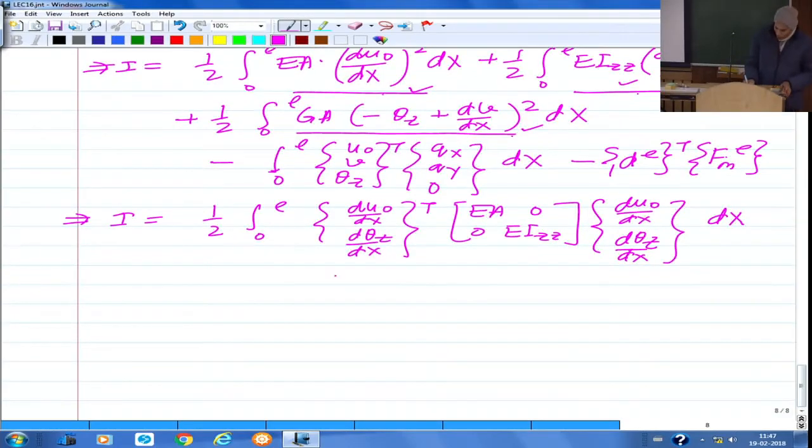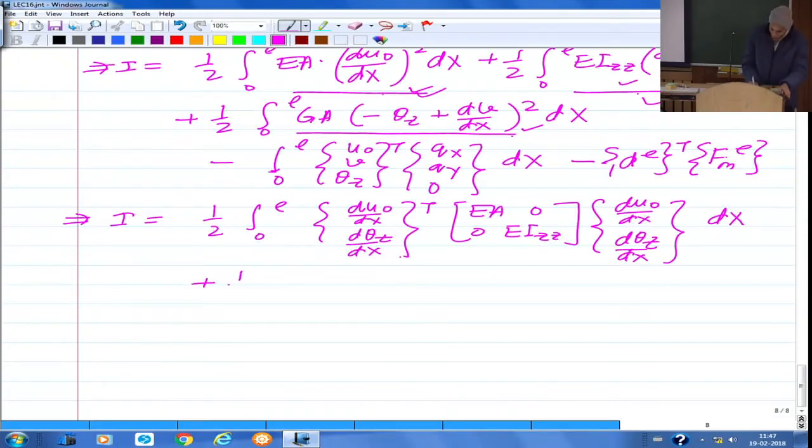When you multiply all this, you get these two terms. We have also written it such a way that the matrix multiplication is consistent when we replace these by the corresponding interpolations.